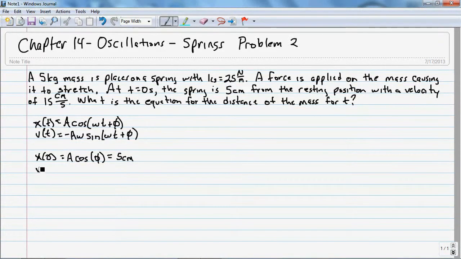Putting in velocity at t equals 0, it is equal to minus a omega sine. With t equals 0, the omega t goes away, and I have sine of phi, and that's going to equal the 15 centimeters per second.